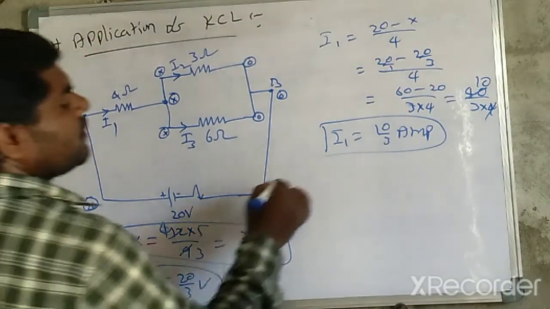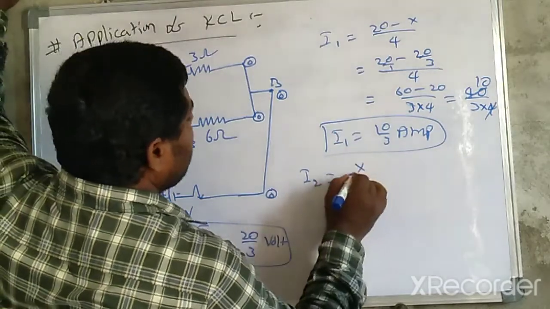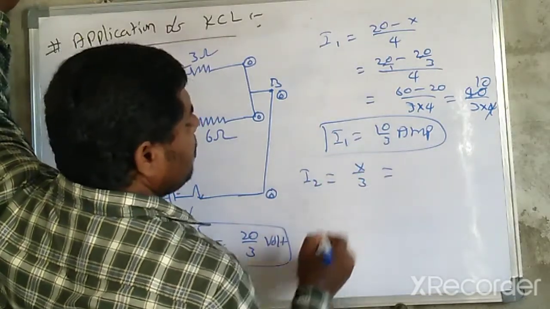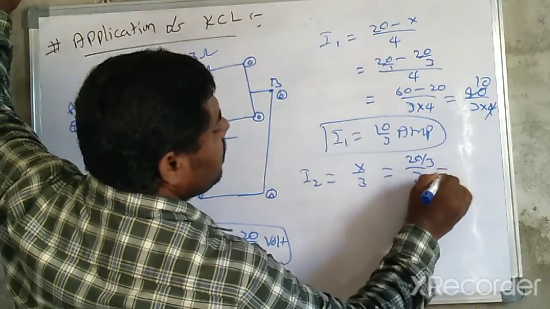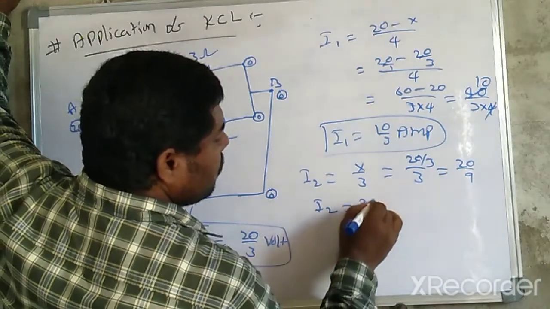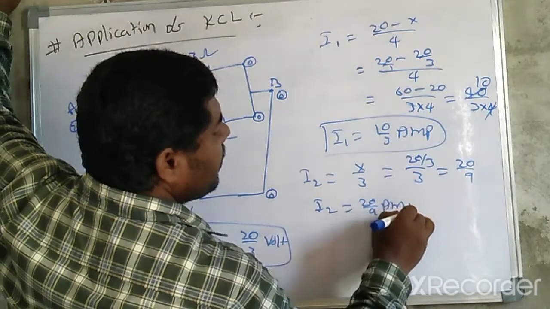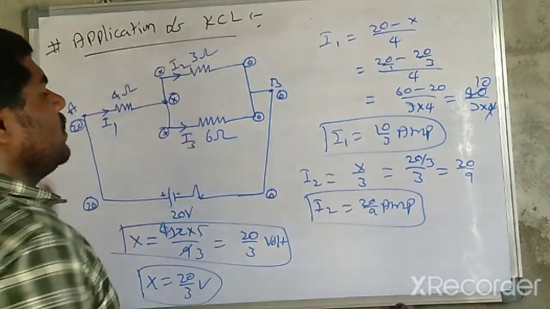Similarly, I2 is equal to the potential across this one, X divided by 3, nothing but X value 20 by 3 whole divided by 3, which is 20 by 9. It means I2 is equal to 20 by 9 ampere. Similarly, I3 is the current across this resistor.